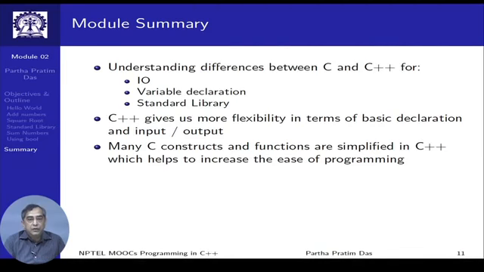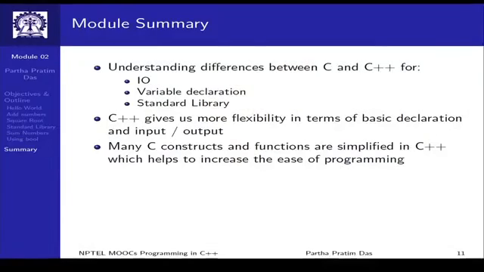Now, we do not need to have those complicated printf function calls, where the formats are in a separate string and variables are listed separately. We do not need to remember that scanf needs the address of variables and so on. And in this way, many constructs and functions have been simplified in C++, which will help in the increased ease of programming.